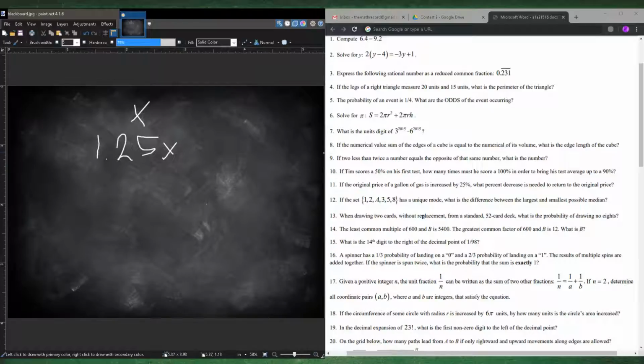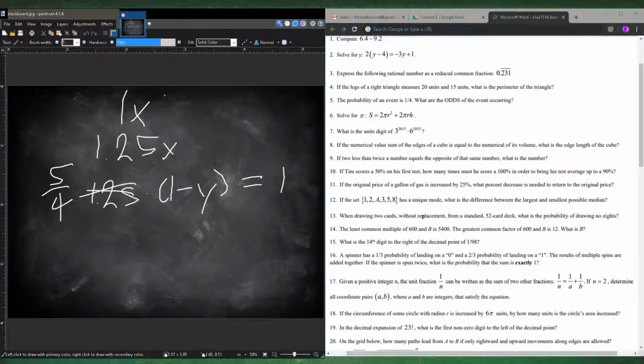So what percent decrease is needed to return to its original price? So 1.25 times, let's say, a 50% decrease, right? It's just 1 minus 0.5. So 1.25 times (1 minus y) is equal to 1, because you want to get it back to 1, basically. So 1 divided by 1.25. 1.25 is the same thing as 5 over 4, right?